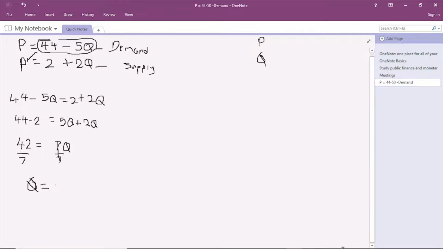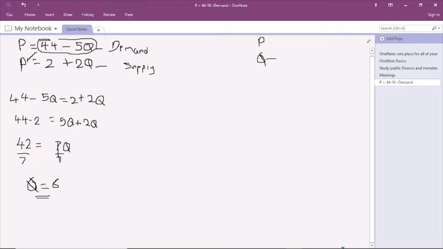No, is it 8? No, you get 6. You get 6. So what's your quantity? Your quantity is 6. So you have found that one.